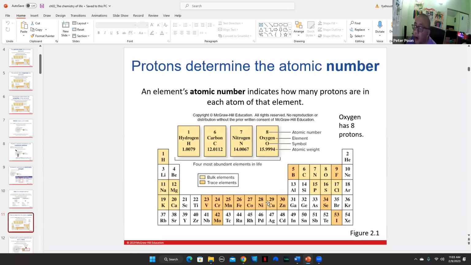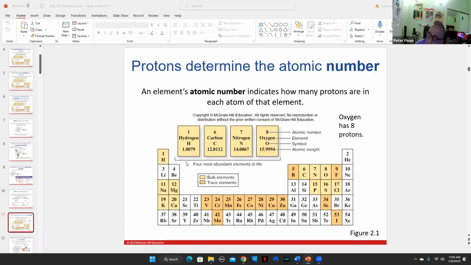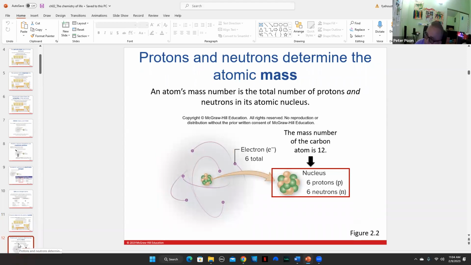Protons determine something called the atomic number. So the atomic number is the number of protons that are in that element. The atomic mass is technically all the mass of the whole atom.